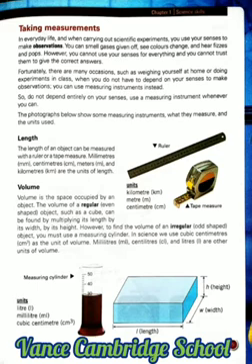So where are they used and what are their units? Let's read about it. Length. The length of an object can be measured with a ruler or a tape measure. Millimeters, mm, centimeters, cm, meters, m, and kilometers, km are the units of length.